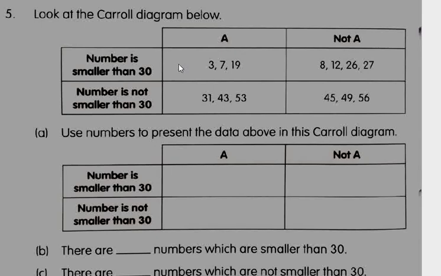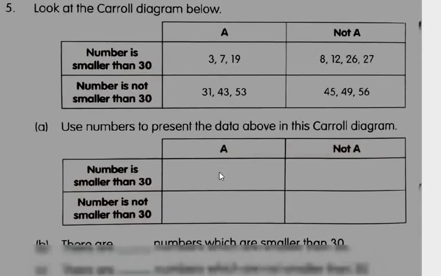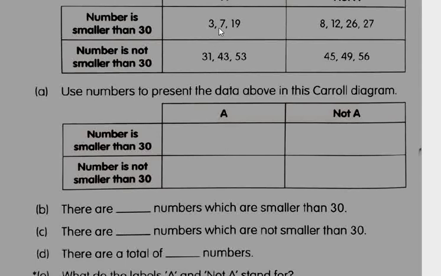Okay, it's already been sorted. Then just make the data here. How many numbers are there? 3, right? So make 3 here. Make 4.